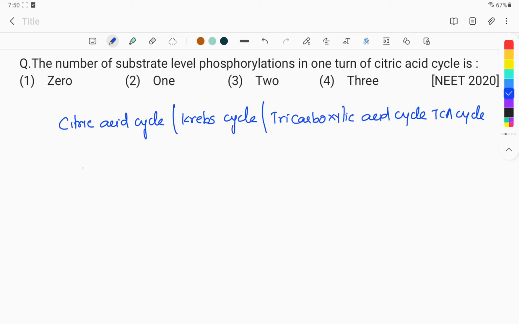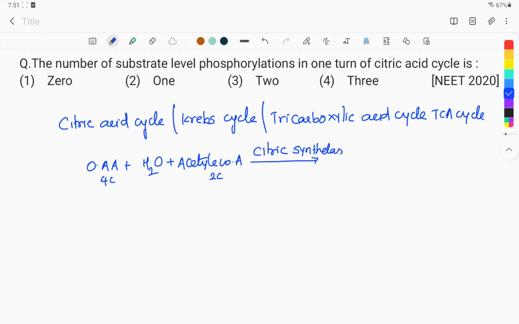First, it is the oxaloacetic acid, which is a 4-carbon organic acid, that combines with a water molecule plus acetyl CoA, which is a 2-carbon organic acid. In the presence of the enzyme citric synthetase, it gives rise to citric acid.